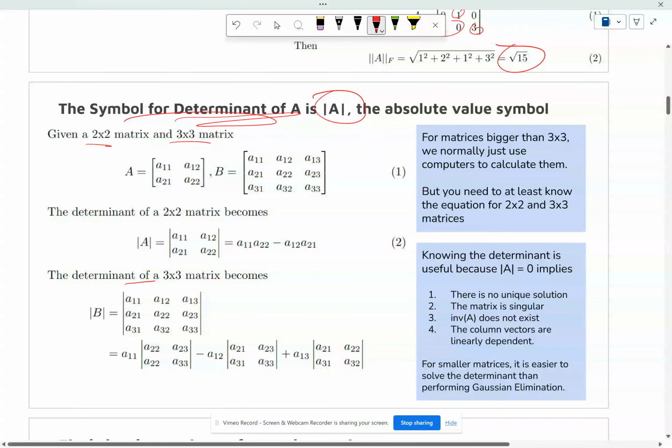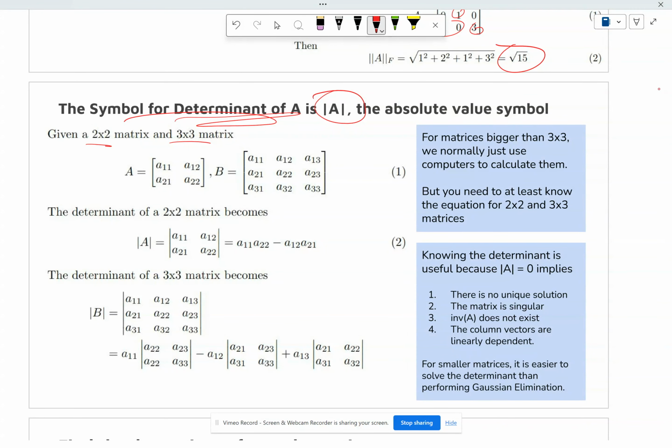For the determinant of a 3 by 3, the way it works is you take this and then multiply by the determinant of this square. Since we know how to do 2 by 2, this is the determinant. You take this and multiply by the determinant of this. But since this is just a number, you just multiply by this number.